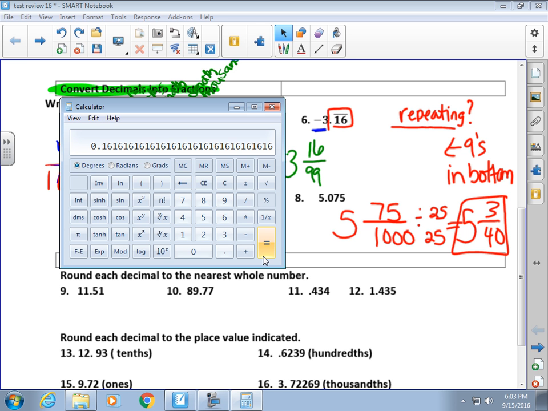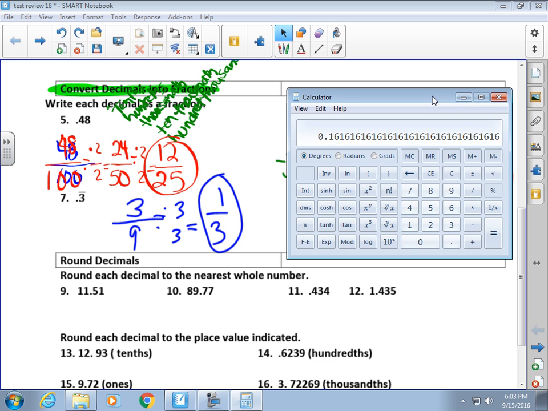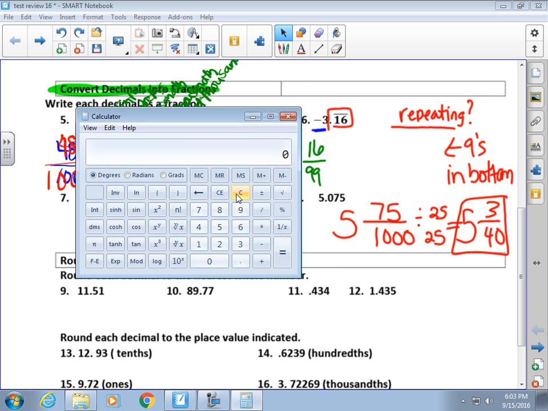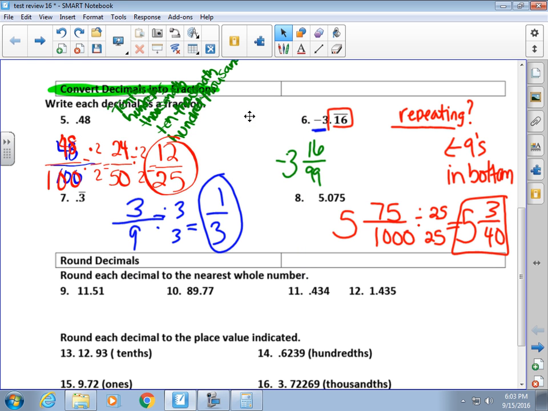And I have the -3 that I kept. 0.3, I said it's the same as 1/3. 1 divided by 3 is 0.3 repeating. And this last one, 0.75, I said it's the same as 3 divided by 40. 0.75. So that's the way to check my work after I've done it.